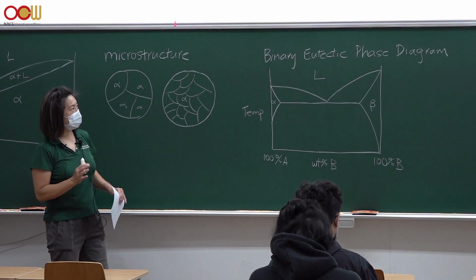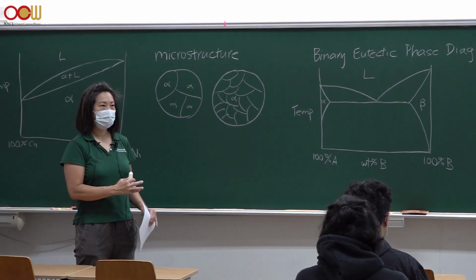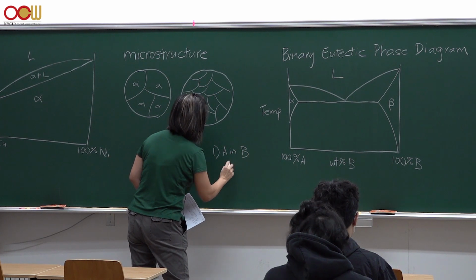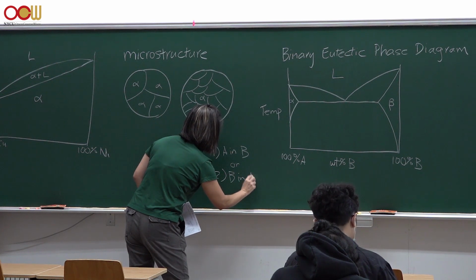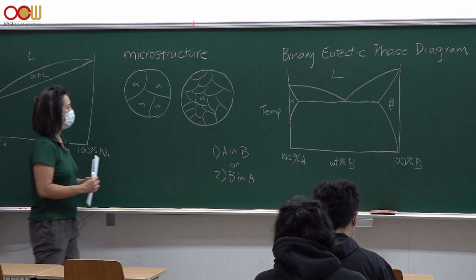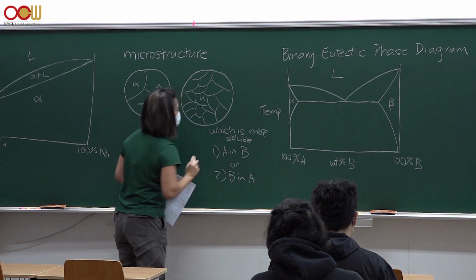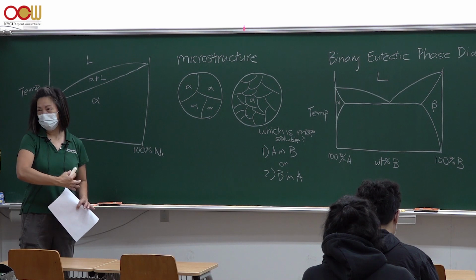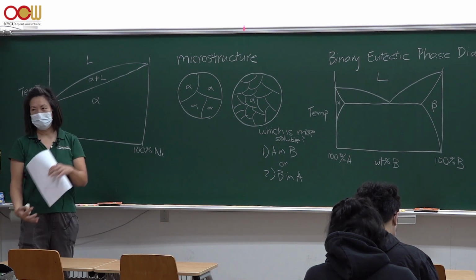So based on the way I've drawn this phase diagram, which is more soluble? A in B or B in A? Which one is higher? Would you expect to be able to put more B inside A, or would you expect to put more A inside B?